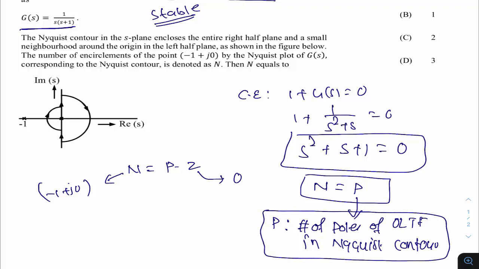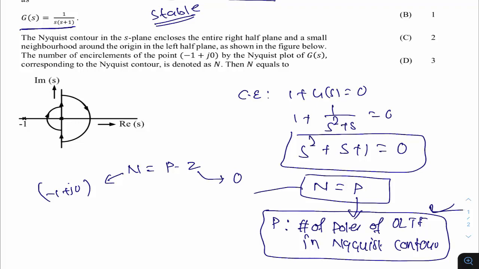Generally, instead of saying Nyquist contour, we say right half plane, and by default we take the contour so that it doesn't include such poles. But in this case, the question is framed by targeting this particular point. So here, definitely P equals to 1.